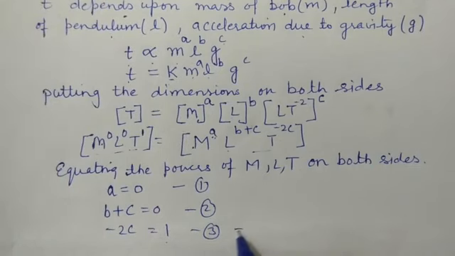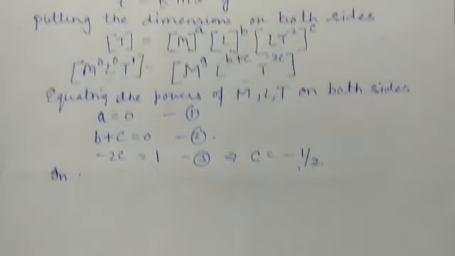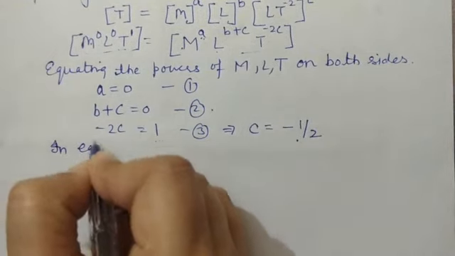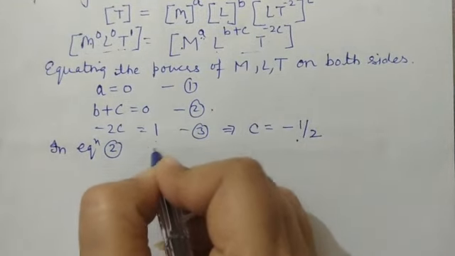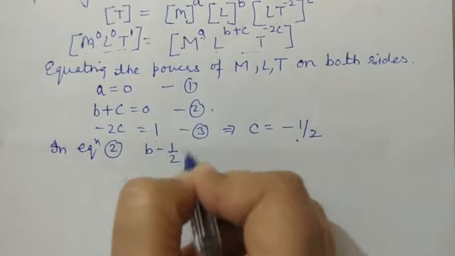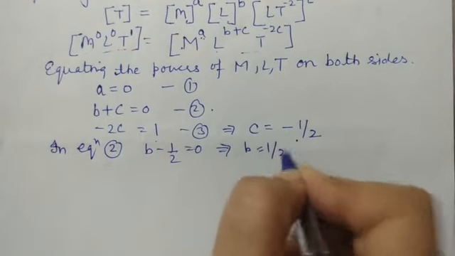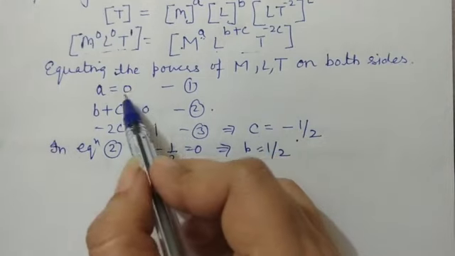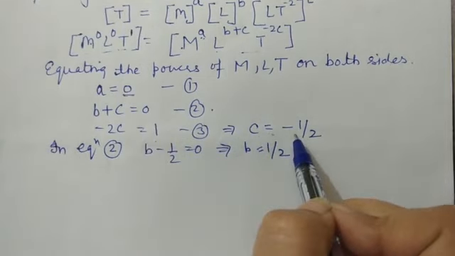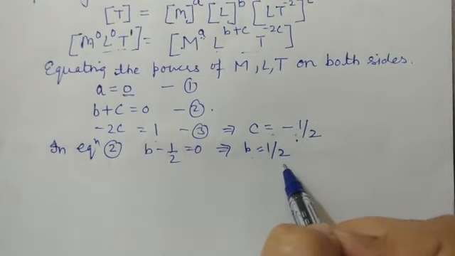From the third equation, c is equal to minus 1 by 2. Put this value of c in equation 2. This is b minus half equals 0, so b is equal to 1 by 2. So we have a as 0, c as minus 1 by 2, and b as 1 by 2.